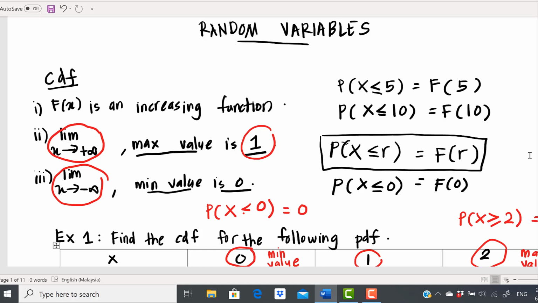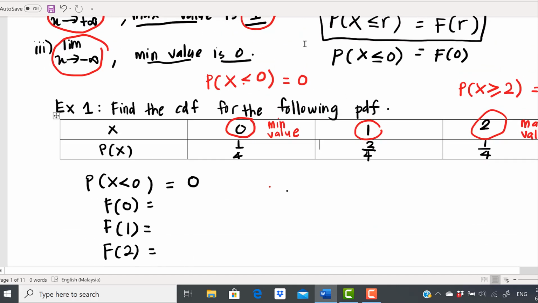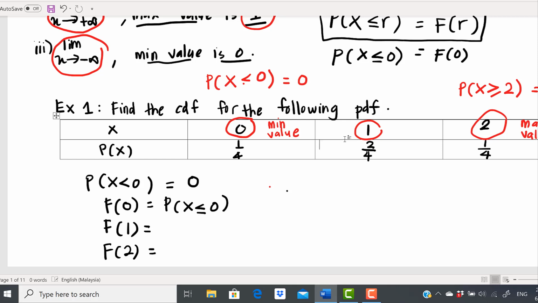Can you get the probability of x less than or equal to 0? Yes, of course, we can get the probability from the PDF table. F of 0 is equal to the probability x less than or equal to 0. And F of 1 means probability x less than or equal to 1. And for this one, probability x less than or equal to 2.